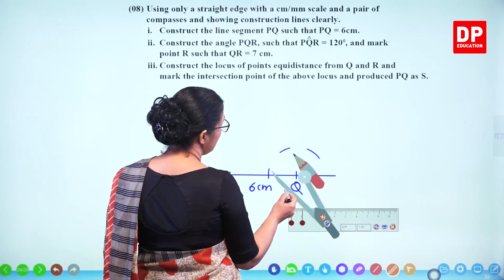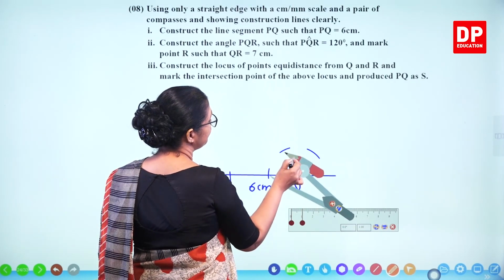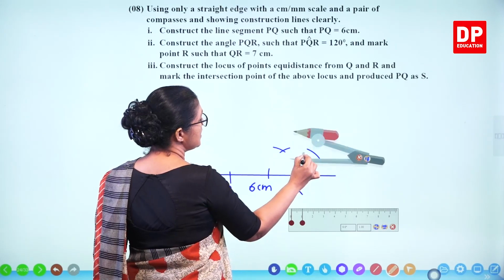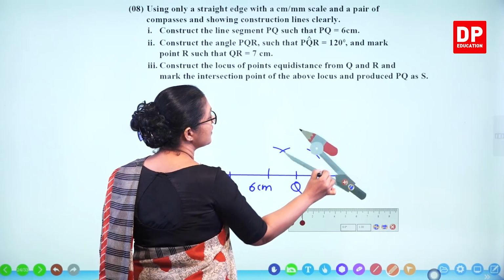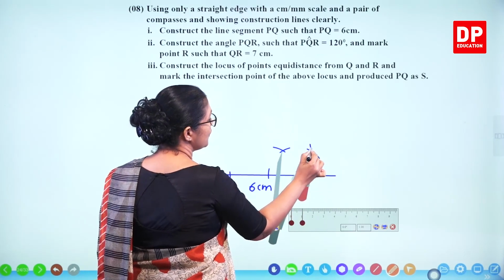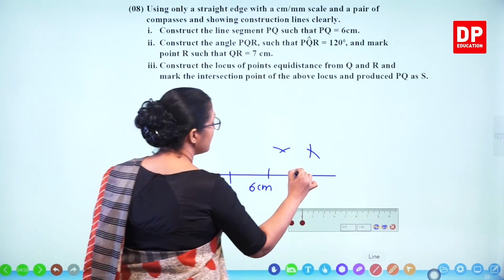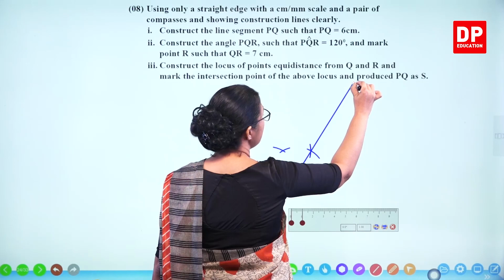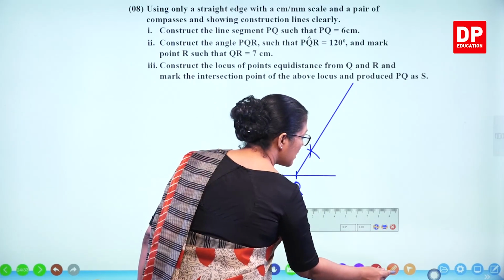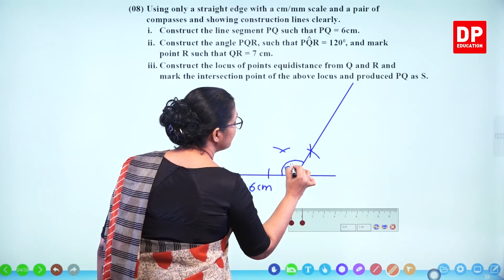Then you can keep the compass here, find out this point and keep it here and find the next point. So that point. So now you can use the ruler and connect this line with this. That's 120 degrees. So this is 120.